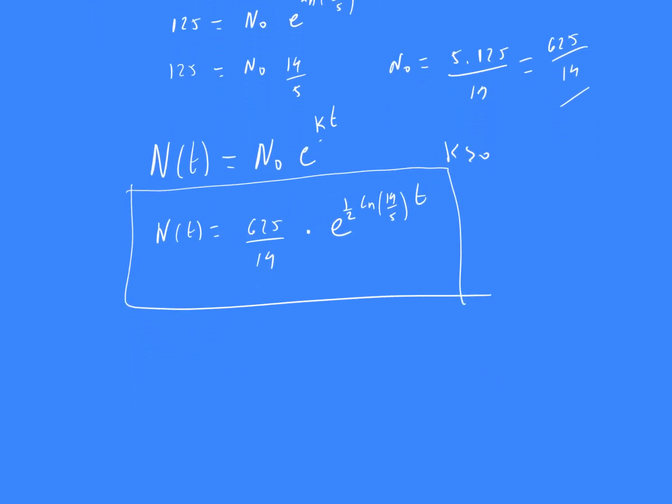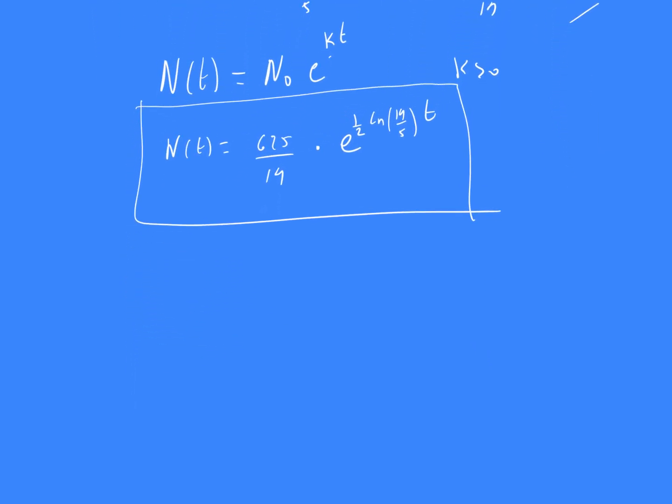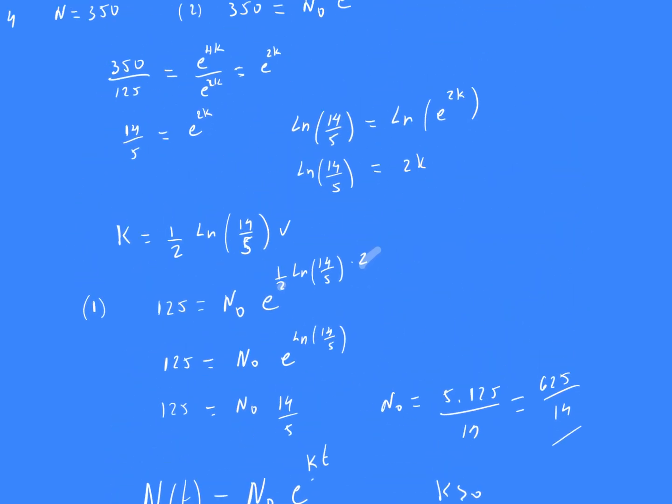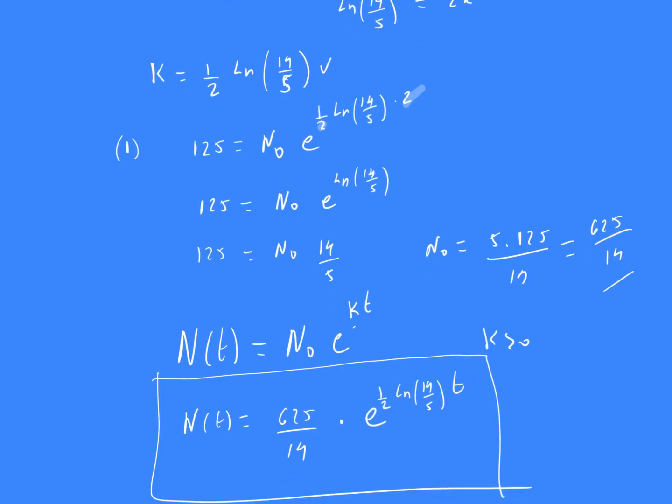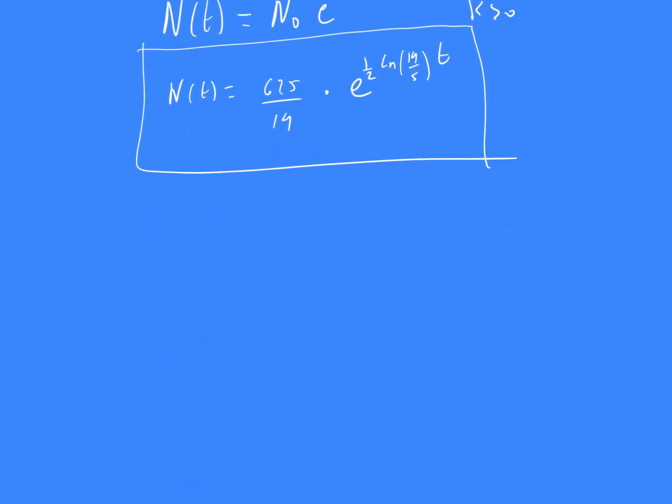Now the problem is asking me how many bacteria will exist at time t equal 8 hours. So easy. N of 8 will be 625 divided by 14 e to the 1/2 natural log of 14 divided by 5 multiplied by 8.